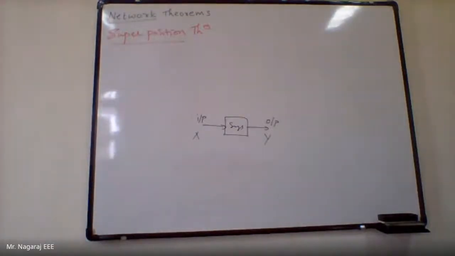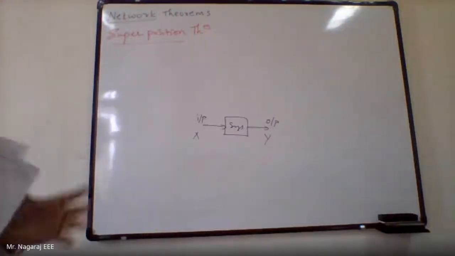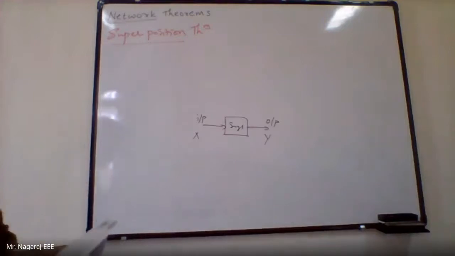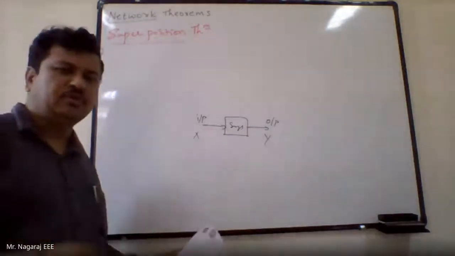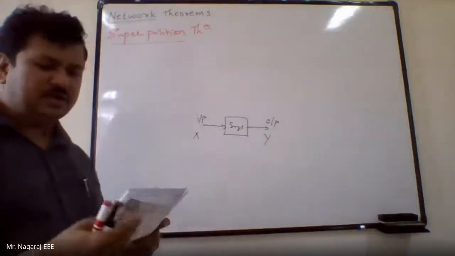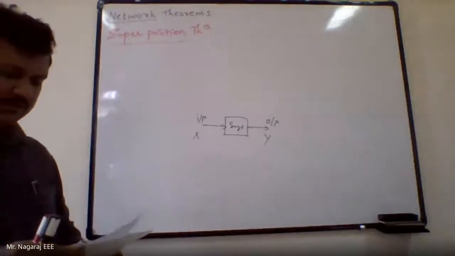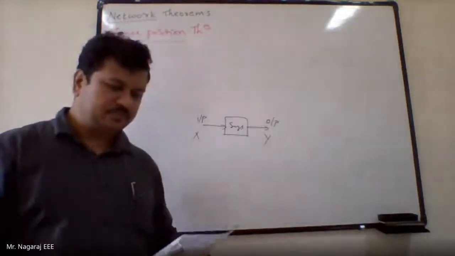So I will read out this statement as it is. Then I will be taking one example directly rather than seeing general things and then moving to numericals. I'll be taking one example and then we will be looking into that circuit. So the statement of superposition theorem goes like this.